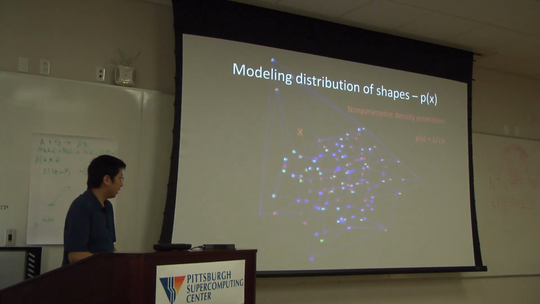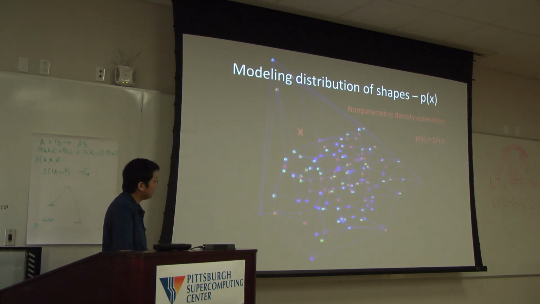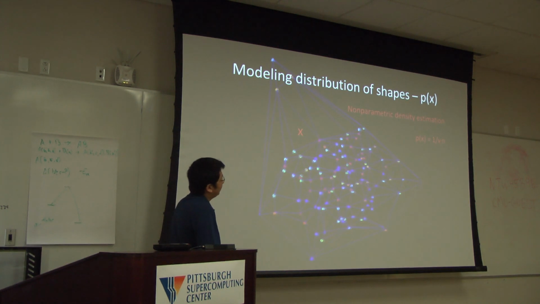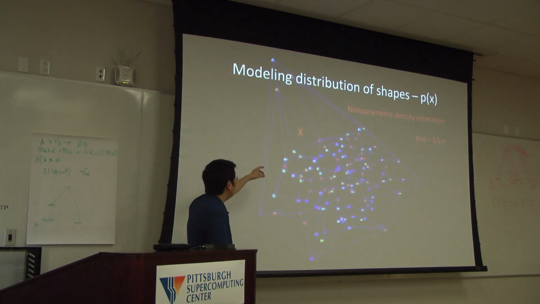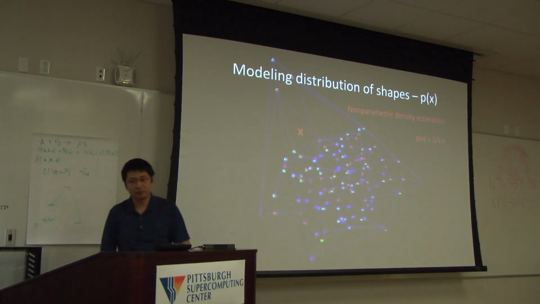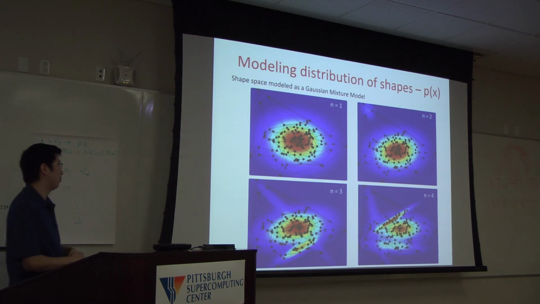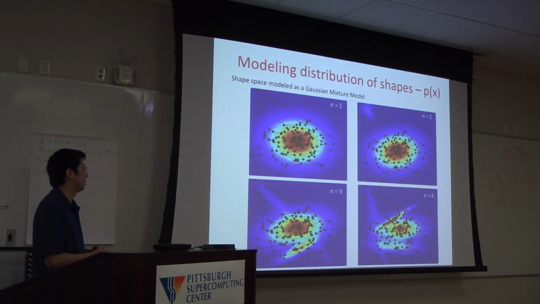We can do this by constructing the polyhedron in the shape space between the nearest cells, and then we can model the probability density as 1 over the volume of each polyhedron. This is one method. Another method is to use parametric density estimation methods.